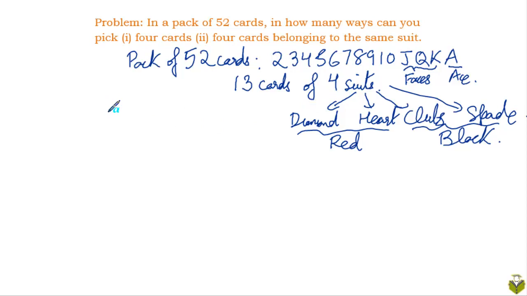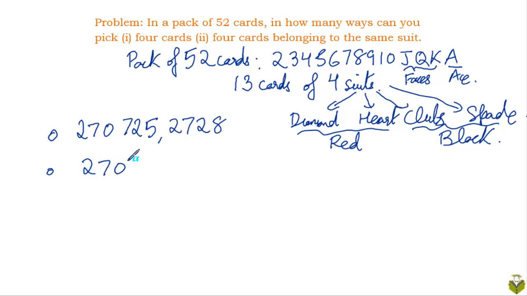So let me give you the different options for this answer. You have 270725 and 2728. This is for the second part, right? And then you have 270725 and 2860.